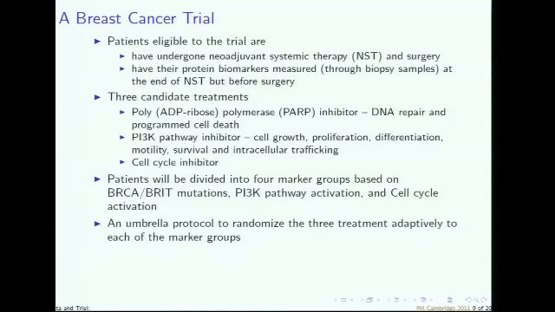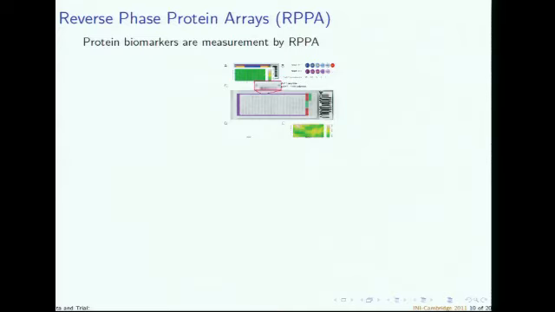And then the 4th one, I guess, is negative on all 3. So they call this an umbrella protocol because you can treat each of the marker groups as a separate phase 2 trial and randomize. But the entire protocol says how we're going to do adaptive randomization for all 3 marker groups and with 3 treatments. So that's the trial we have in hand.